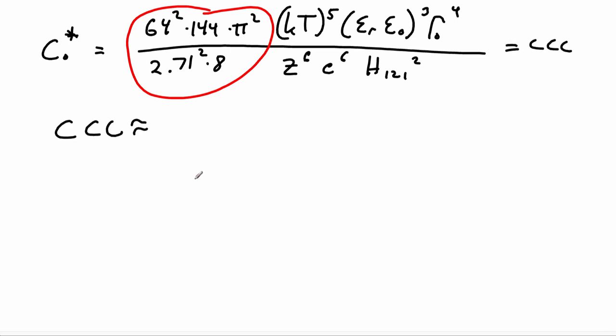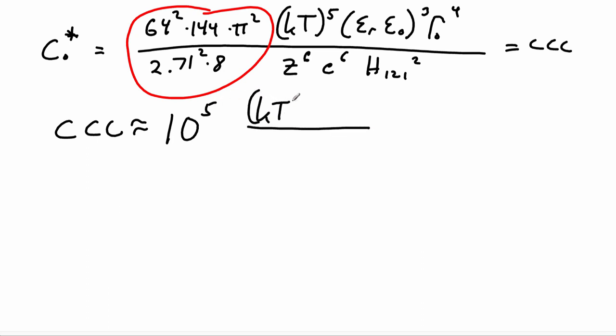so the critical coagulation concentration in terms of number concentration, in terms of ions per cubic meter, is going to be approximately equal to, we said, roughly 99,000. So let's just say 10 to the 5th times this collection of constants over here.